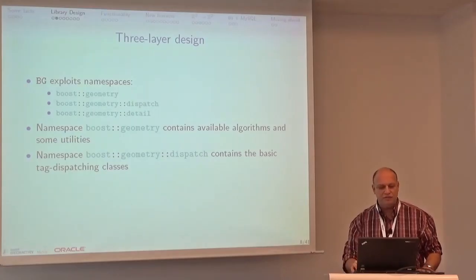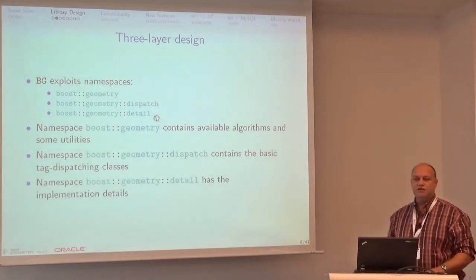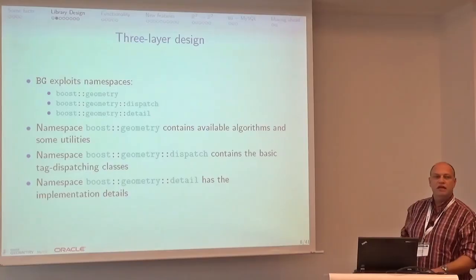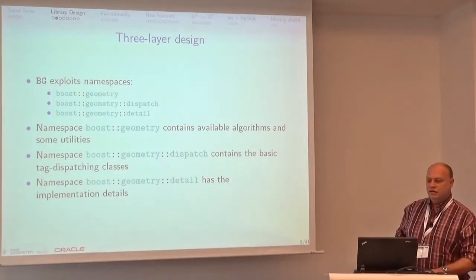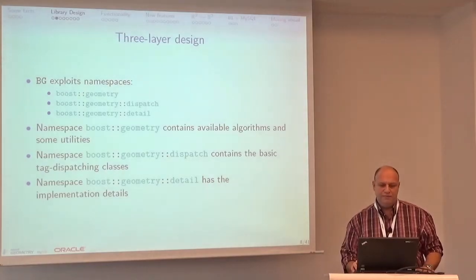I will show you a very brief and basic example about that, but I thought I would make the distinction between the different namespaces. And then you have the detail namespace, which actually contains the implementation details. And this is where the core or the bulk of the work is really done.